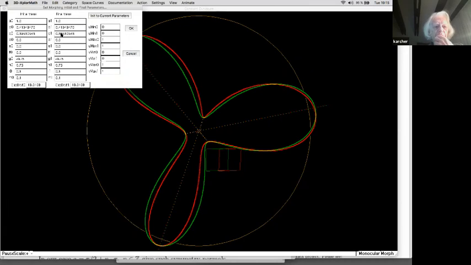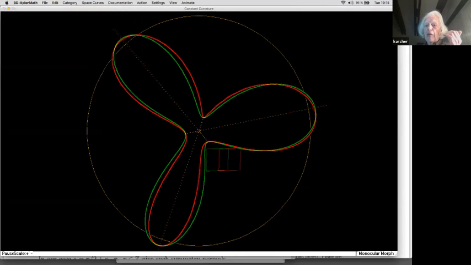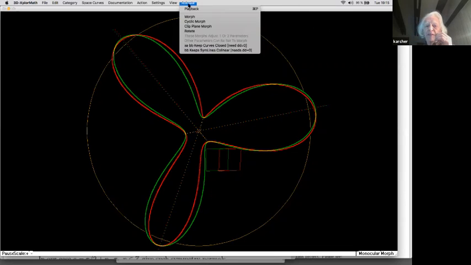I will change a different parameter. Sorry, this is the coefficient of the sine term. And I will now use the fact which I just showed you to keep the symmetry lines coplanar.